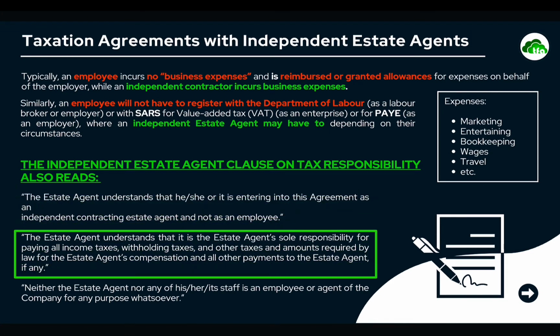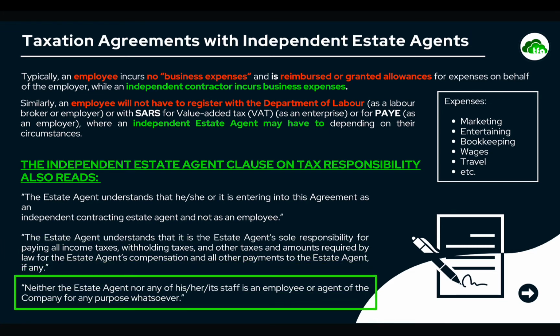The estate agent understands that it is the estate agent's sole responsibility for paying all income taxes, withholding taxes, and other taxes and amounts required by law for the estate agent's compensation and all other payments to the estate agent, if any. Neither the estate agent nor any of his, her, or its staff is an employee or agent of the company for any purposes whatsoever.